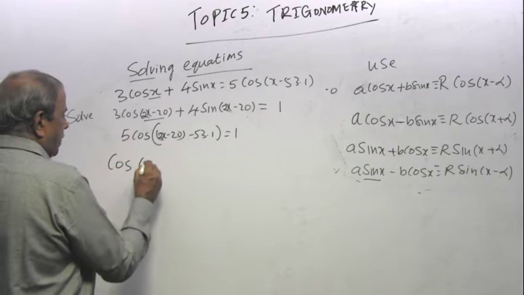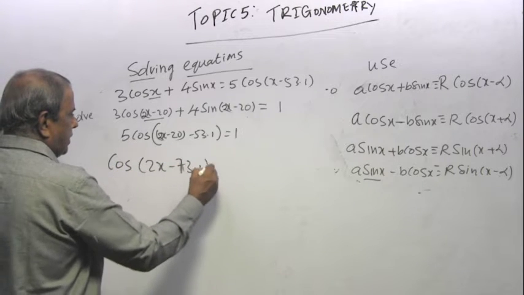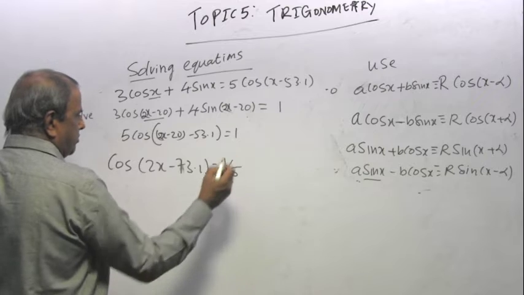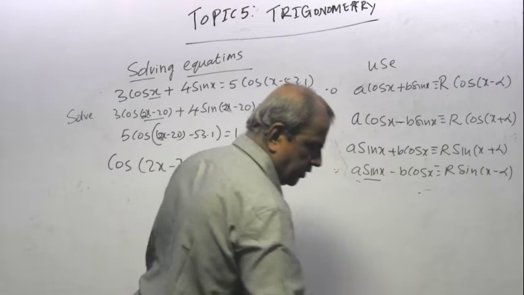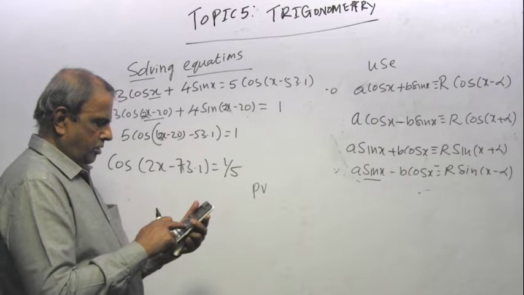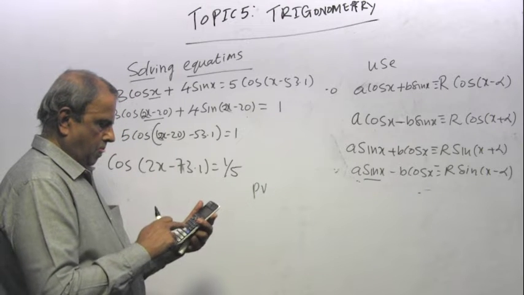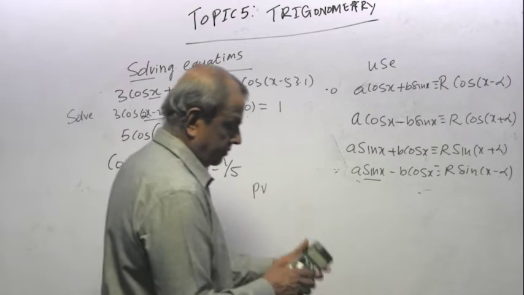Cos of 2x minus 73.1 equals 1 over 5. What's your PV? Cos inverse 0.2. Shift cos 0.2. 78.5.